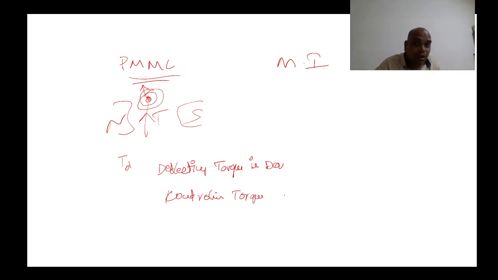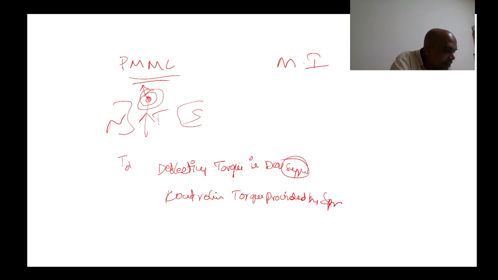Controlling torque means opposite to the deflecting torque. Here the spindle is moving, this is deflection. The spring provides the opposite force, and this opposite force is nothing but controlling torque. So controlling torque is provided by the spring. Deflecting torque is provided by the supply.